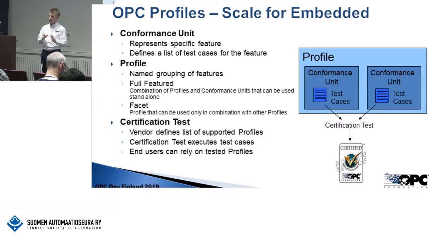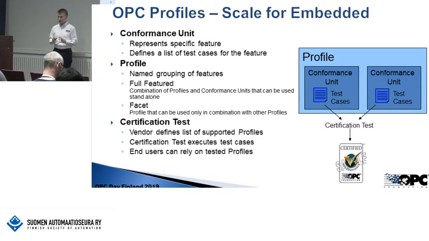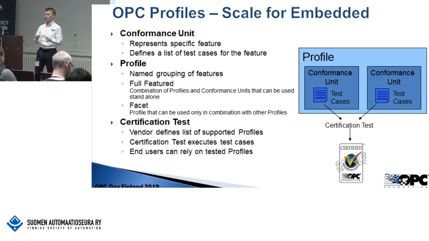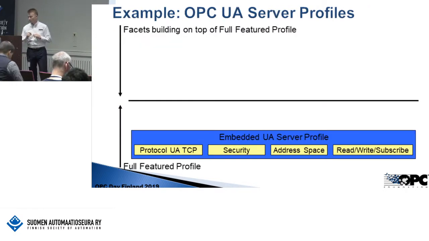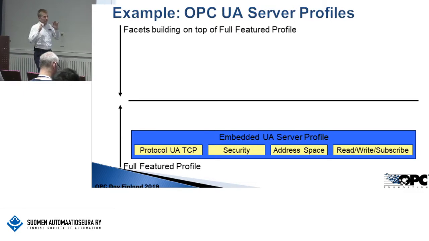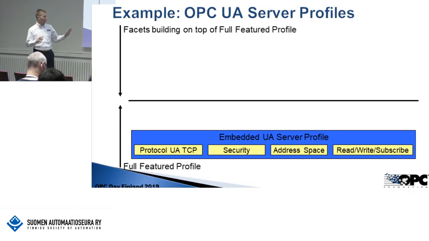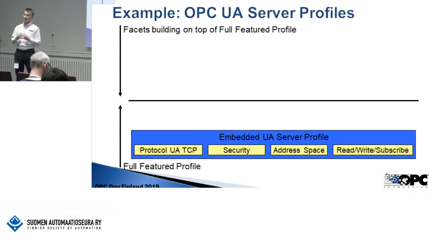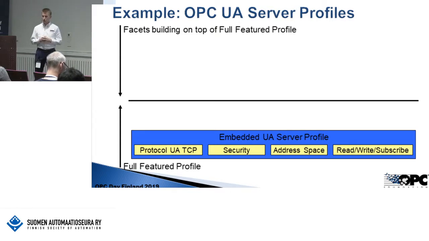We have two different kinds of profiles. One is the full-featured profile, and another one is called facets. And those are the baseline for certification. I'm going to explain the difference between those profiles now. When we talk about a full-featured profile, we talk about a profile that consists of everything that you need to have a fully functional application.